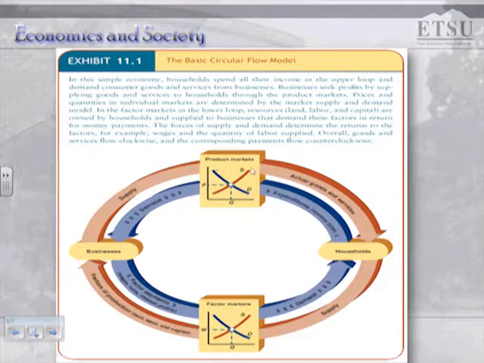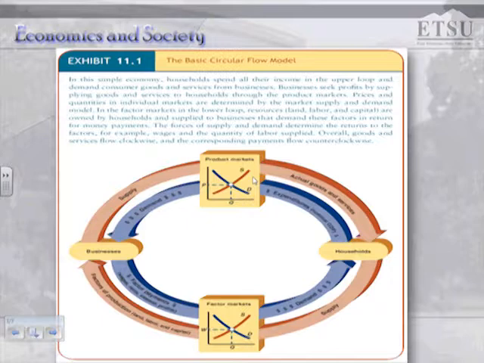So we have these interactions in the factor markets or resource markets, where businesses are the buyers and households are the sellers. Then we have the same groups of people interacting in product markets, where the businesses are selling their products, their goods and services here, and households are the demanders here. They're the buyers. And so we have this model where there's a circular flow, and they say it's circular flow because of how the money flows, right?